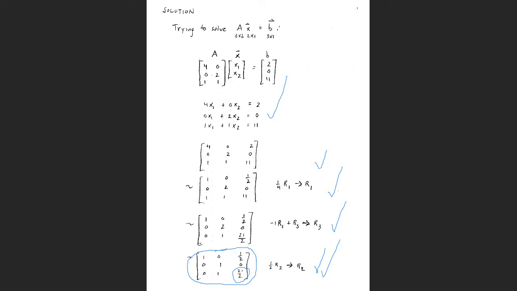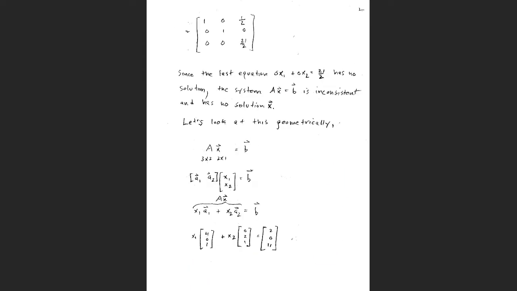Okay, we go to the next page. Here's our augmented matrix. And here, the last equation is 0x1 plus 0x2 equals 21 halves. That has no solution. So the system AX equals B is inconsistent, and there's no solution vector X.